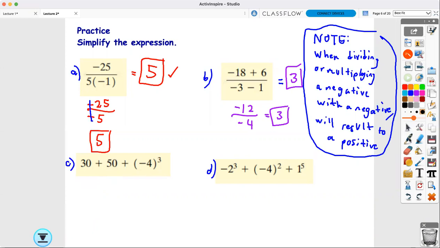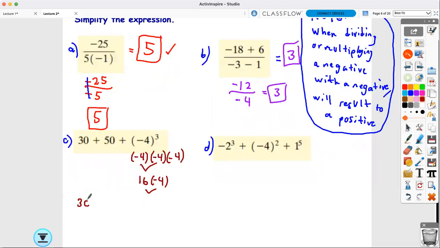So before we can add, we have to do exponents first, right? So we're going to have a -4 times a -4 times another -4, a total of three -4s, right? So -4 times -4 is a +16. But we still have one more -4 to worry about. Can someone tell me what 16 times -4 equals? -64.